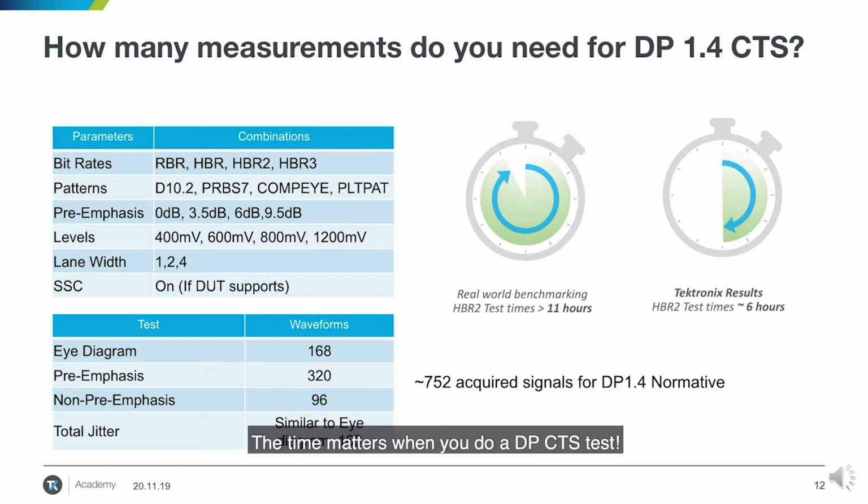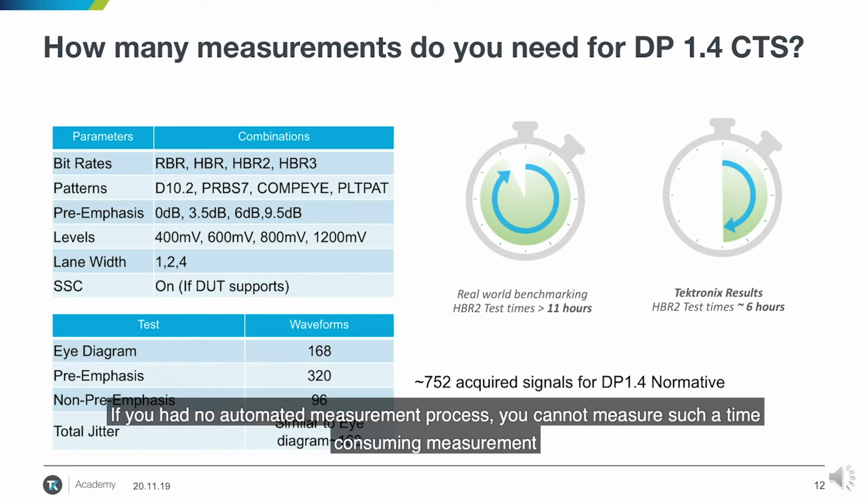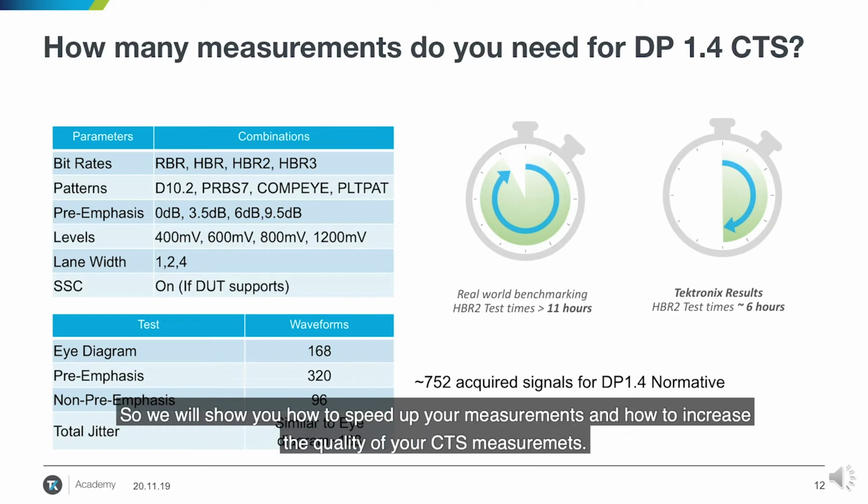The time matters when you do a DP-CTS test. If you had no automated measurement process, you cannot measure such a time-consuming measurement. So we will show you the time efficiency and how to speed up your measurements and how you increase the quality of your CTS measurement.